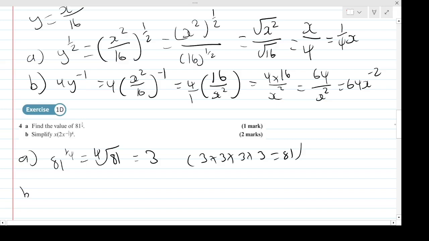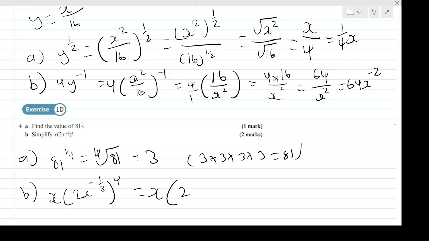And then part B, a bit of a nastier question. Simplify x times (2x to the minus 1 over 3) to the 4. Okay, so simplify. So we need to work with these indices we've got here. Well, again, we can say that's x, then 2, but then this is saying 2 times x to the minus 1 over 3.